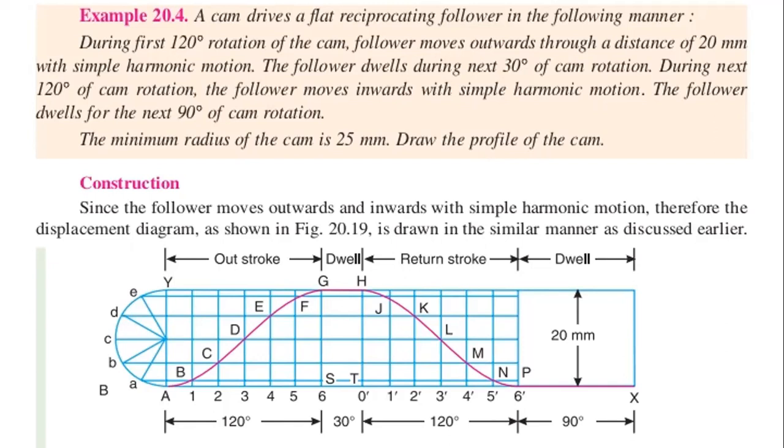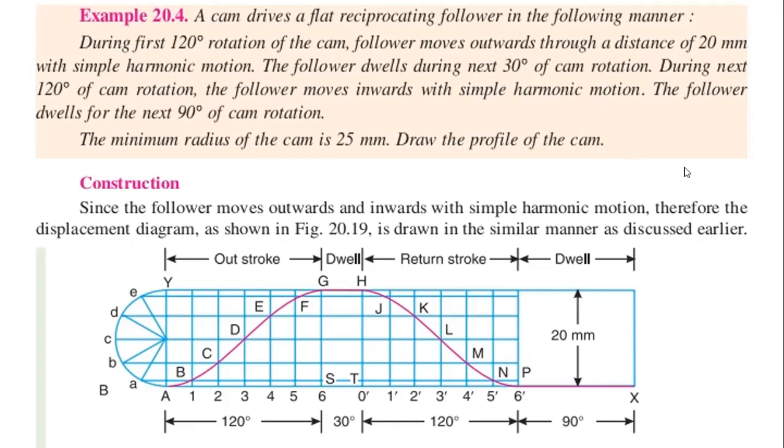Next, the follower dwells during the next 30 degrees of the cam rotation. During the next 120 degrees of cam rotation, the follower moves inward with simple harmonic motion.